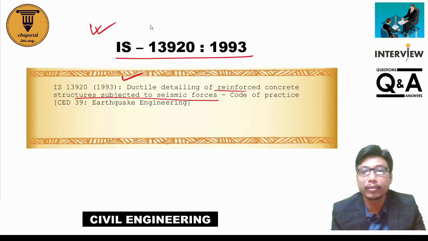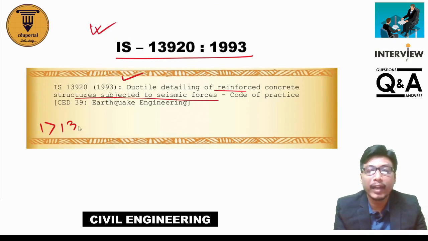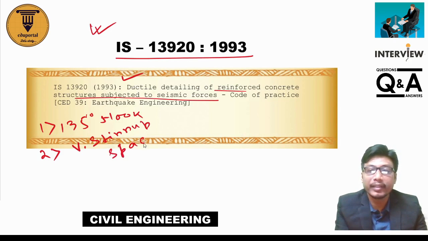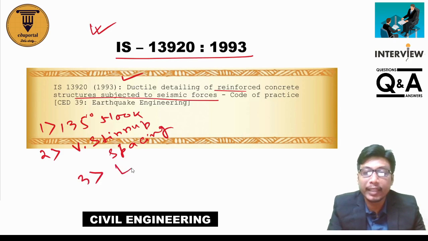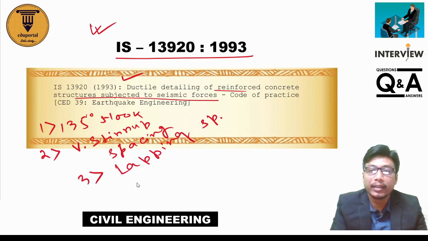So the first one is the 135-degree hook, the second one is vertical stirrup spacing, the third one is lapping specification, and the fourth one is beam column joint.